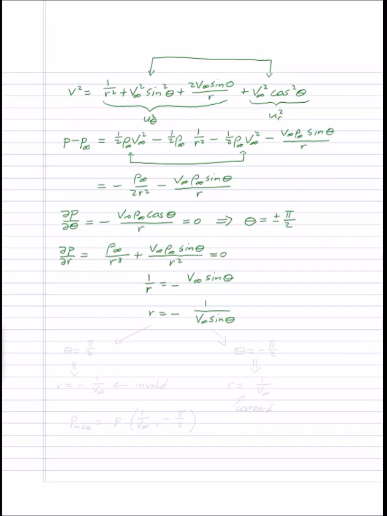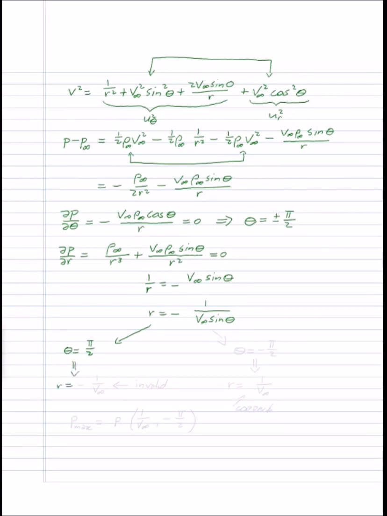Right, so we know the values for theta, so we can go two ways. It's either plus or minus pi over 2. So we go in that direction. We've got theta is equal to pi divided by 2. If we substitute that in our equation, we're going to get an expression for r.